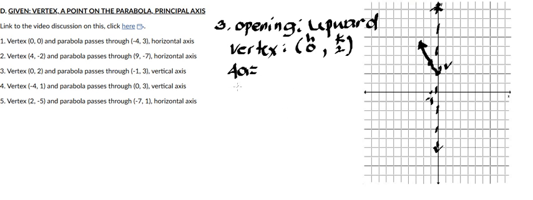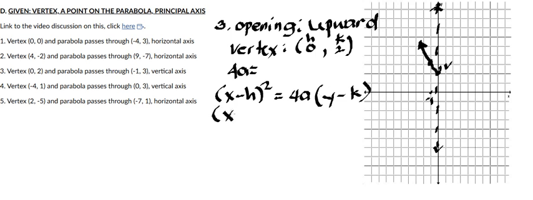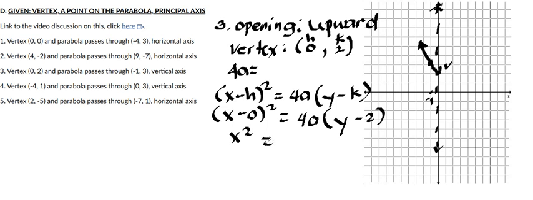Writing now our standard equation based on the upward direction, we have x minus h squared equal to, upward it's a positive for a, y minus k. Replacing our h and k, x minus our h is 0 squared equal to 4a times y minus our k there is 2. Simplifying this, we have that as x squared equal to 4a times y minus 2.